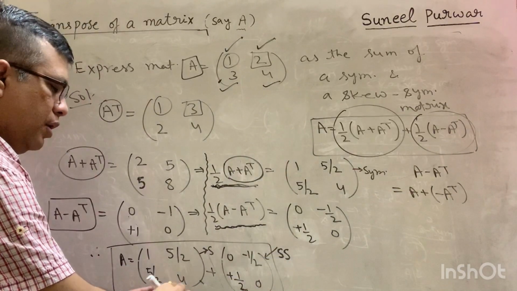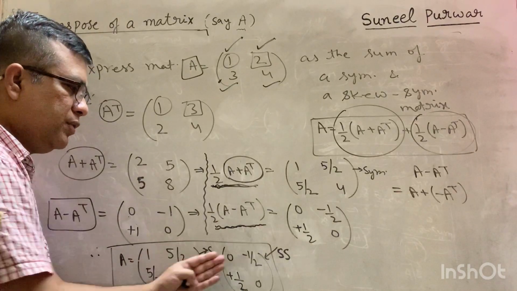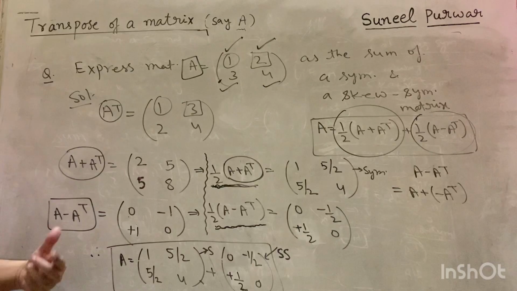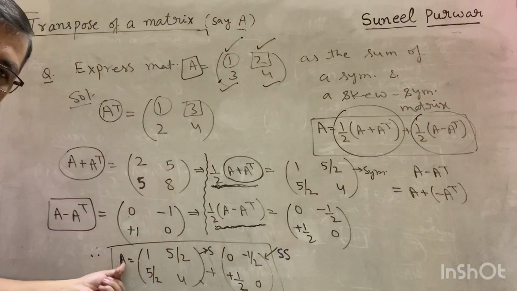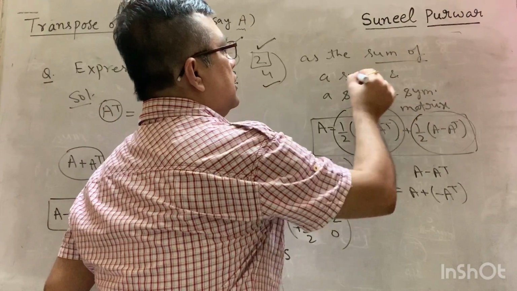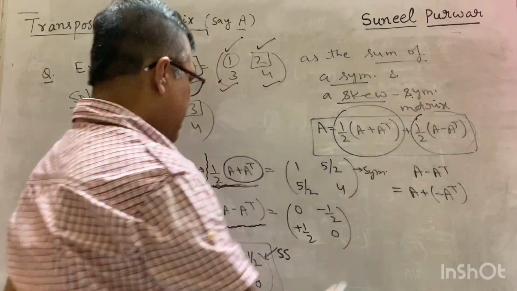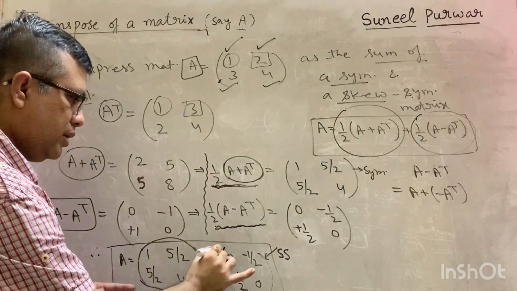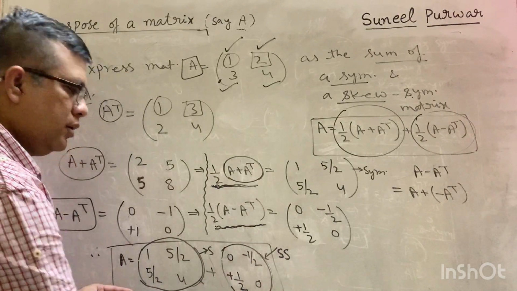So on adding this symmetric matrix with this skew-symmetric matrix, you get A only. So that was our question: matrix A has been expressed as the sum of a symmetric and a skew-symmetric matrix. Here is your symmetric matrix, and this is your skew-symmetric matrix.